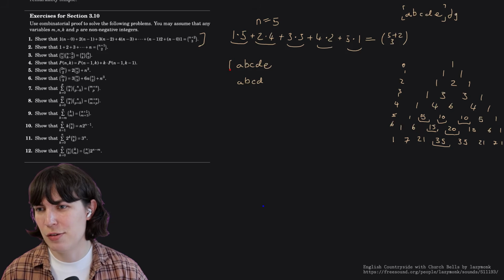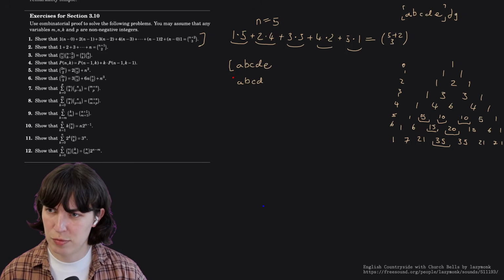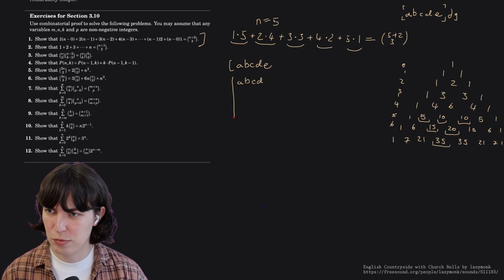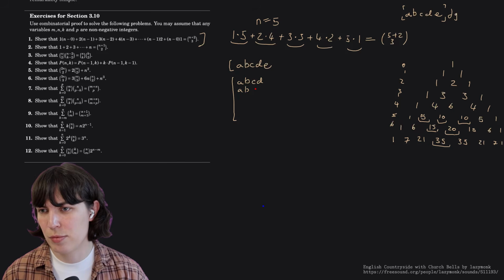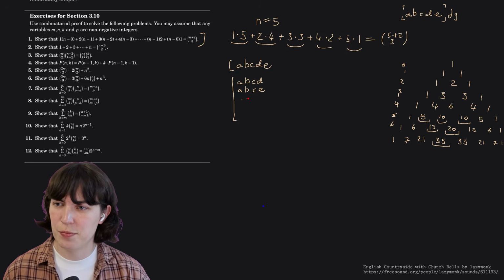There's one way of choosing 5. There's 4 ways of choosing 4, because you could omit each of these. Etc.